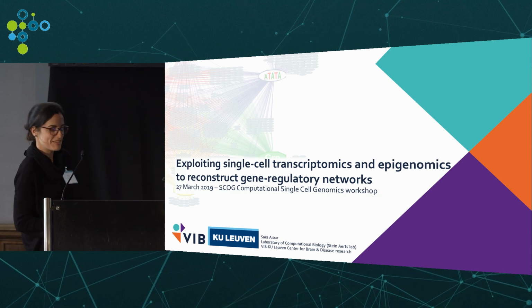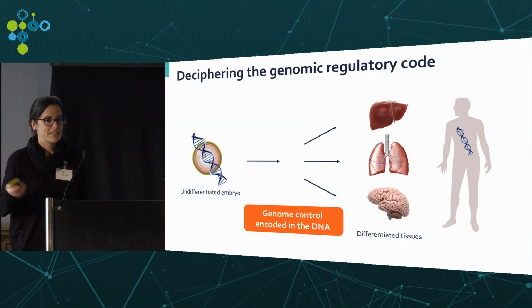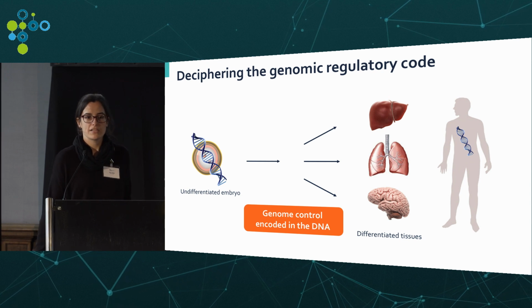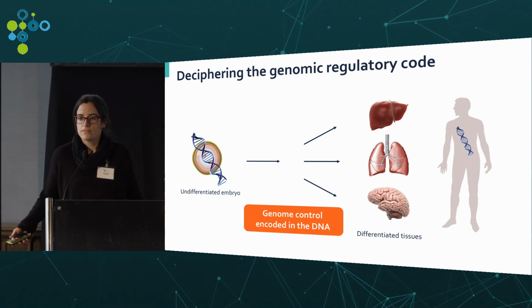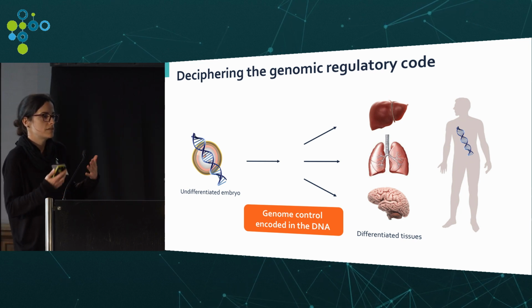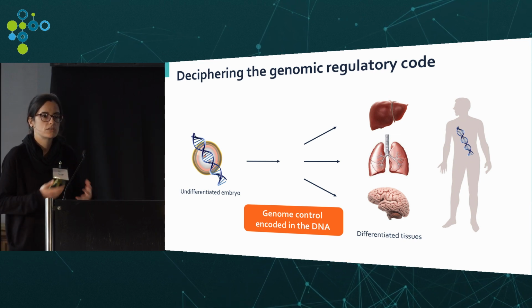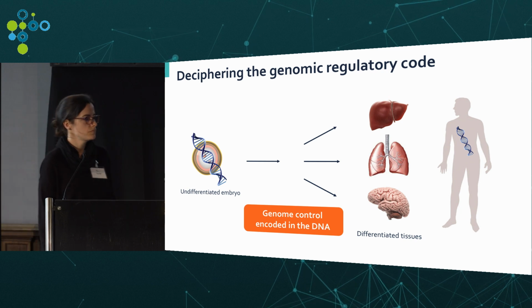So thank you very much for the introduction. I can now skip this slide and just go ahead and say that in the Aerts lab we are interested in decoding the genomic regulatory code and basically understanding how it comes that from a single DNA sequence that we all have inside, so many different cell types emerge.